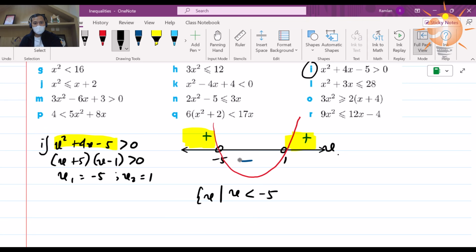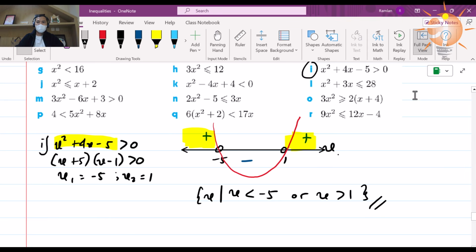See, I'm not shading that, because it doesn't have any equal sign. And then, or you can go to the right from 1. This area here is on the right side of 1, so x is just greater than 1. Okay, so here we go.